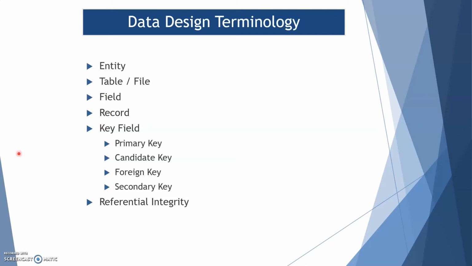There are four types of keys: primary key, candidate key, foreign key, and secondary key. The primary key is a field or combination of fields that uniquely and minimally identifies a particular member of an entity.